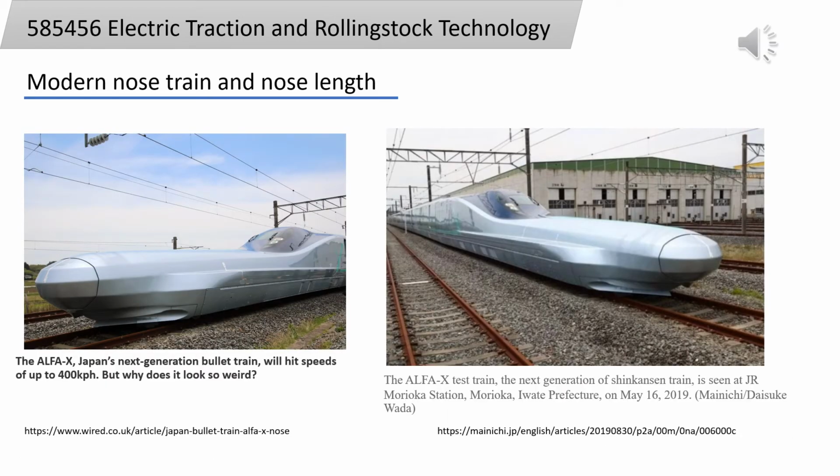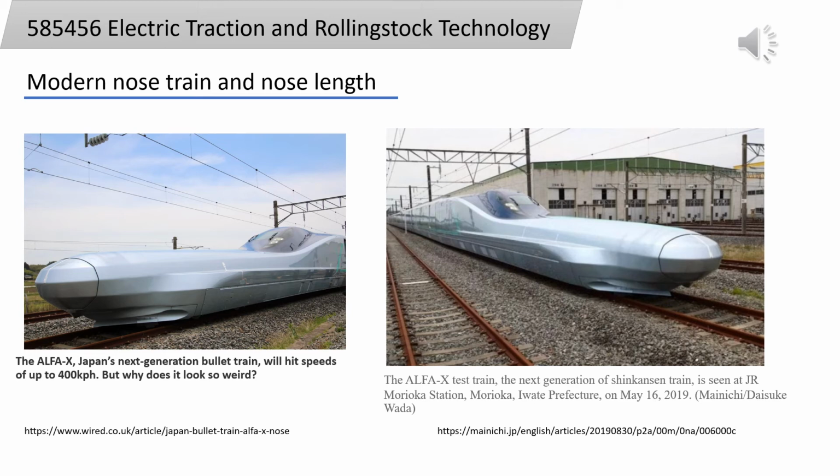For this slide, we show the modern nose train and nose length of the train. In the modern nose train, the first type we use is the bullet nose train. In the slide, we show the Alfa-X, Japan's next generation bullet train.